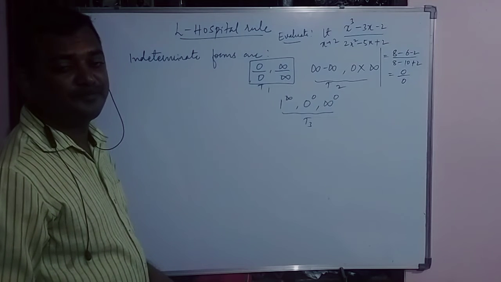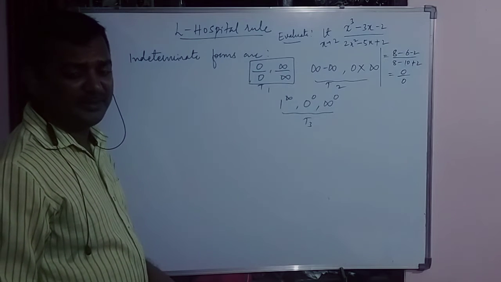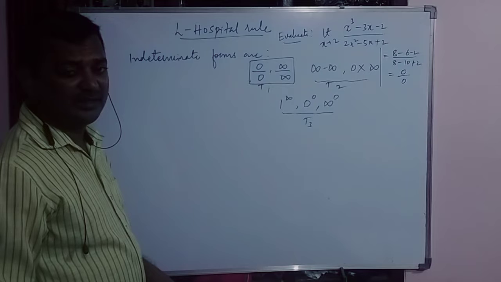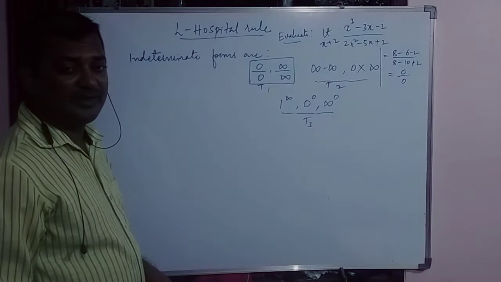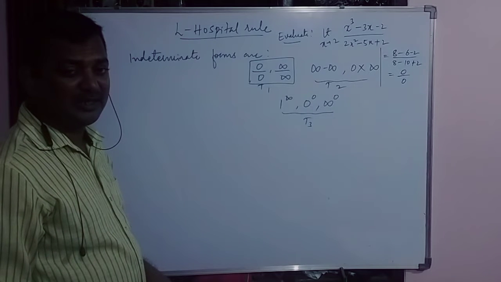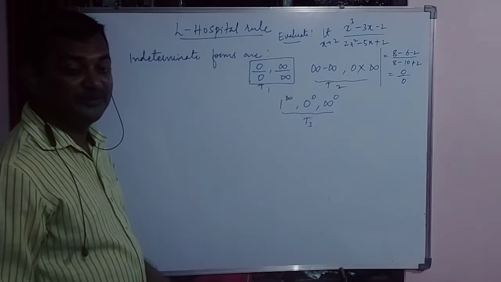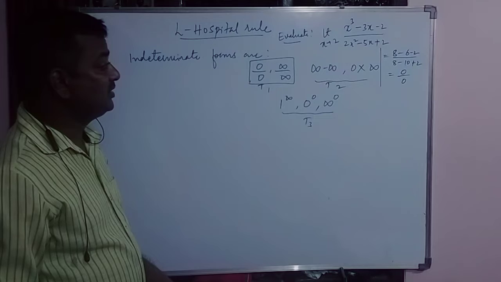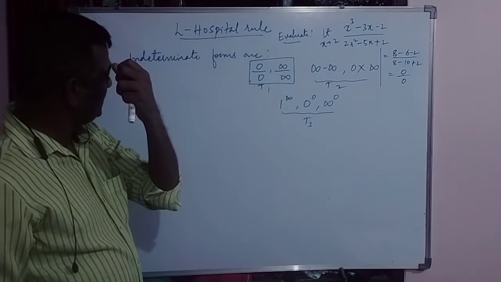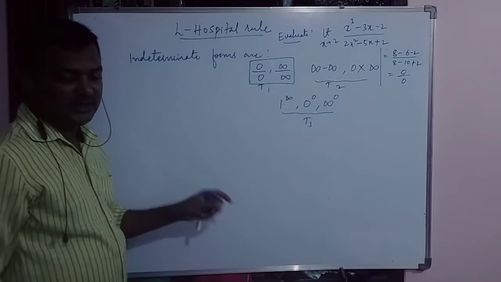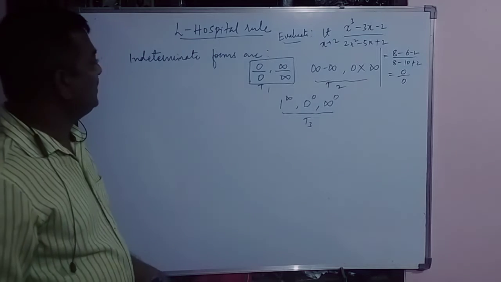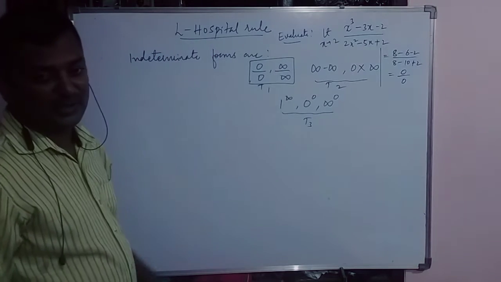There you have some standard limits and evaluation of limits by substitution method, by rationalization method, by factorization method, and by taking common. So there are 4 types of methods in PUC level, but in graduation level we are going to discuss with the help of L'Hospital rule.